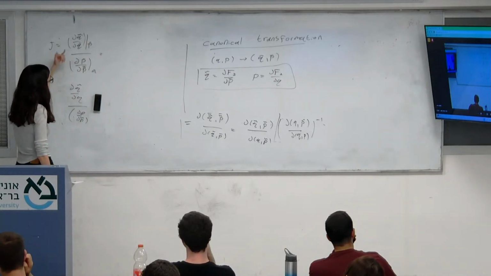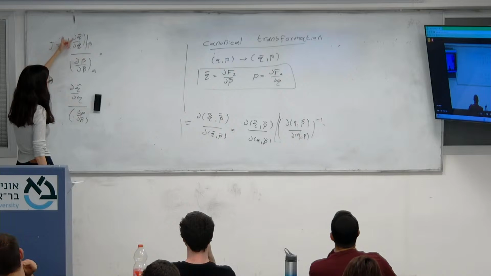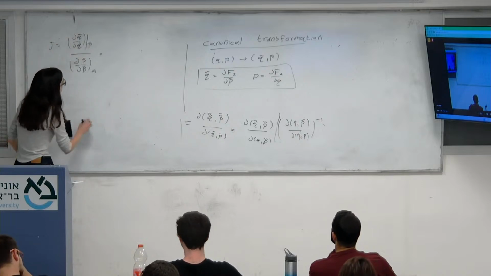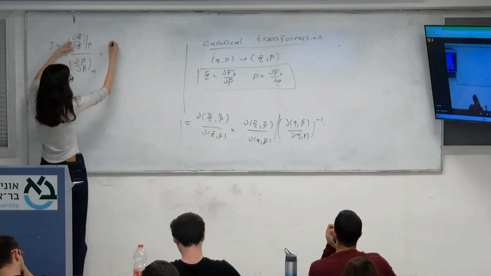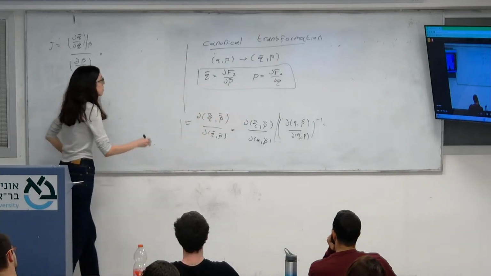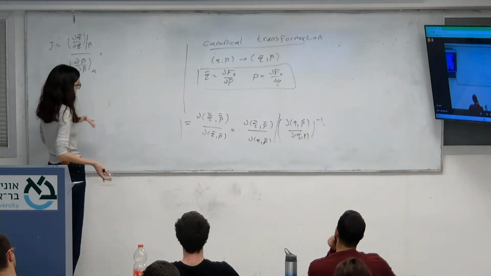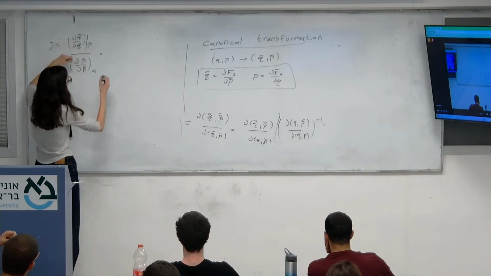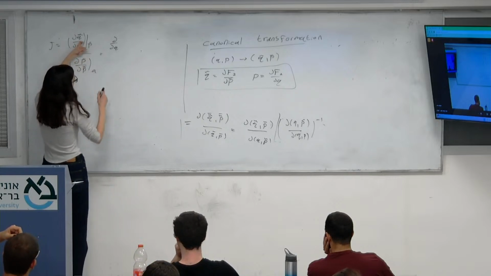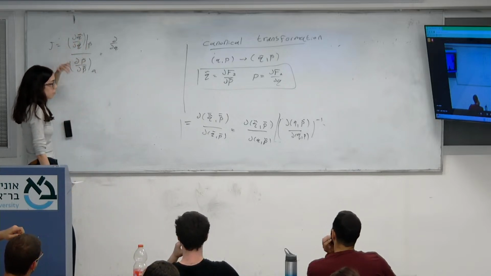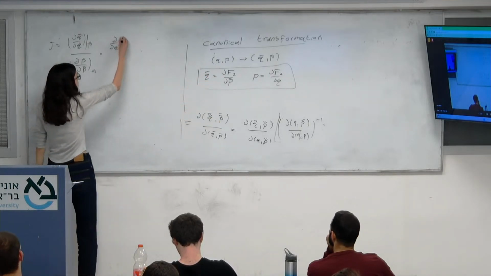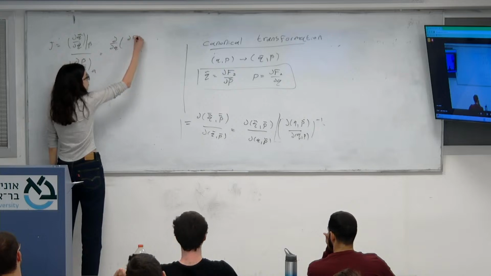So we have Q tilde and Q, and we have P tilde and P. For the derivative with Q, we're going to use the transformation. For the derivative of Q tilde, I'm going to put instead of Q tilde the derivative of F2 with respect to P tilde. This is F2.